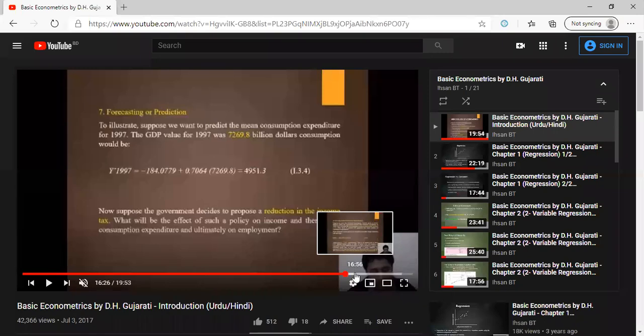Okay, MPC is 0.7. How do you explain the other number? Beta 1 here? How do you explain that? The intercept?